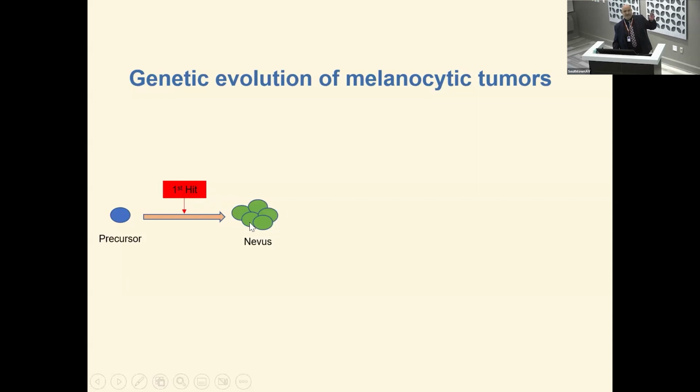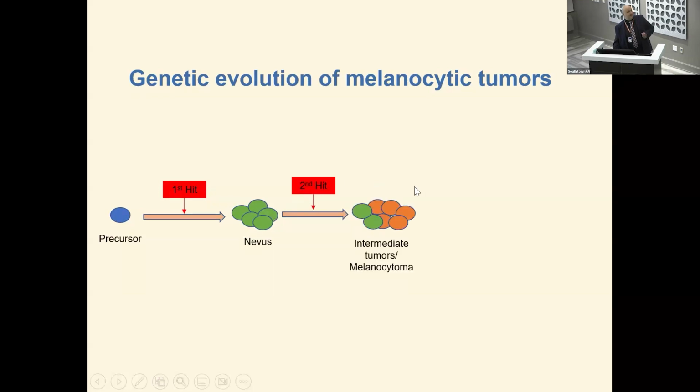So nevi will have one of these; nevi can have a BRAF mutation. What happens by chance is that one of these cells can acquire another mutation, and that will produce a second wave of proliferation, creating some sort of intermediate melanocytic tumor, not quite melanoma, but on its way.